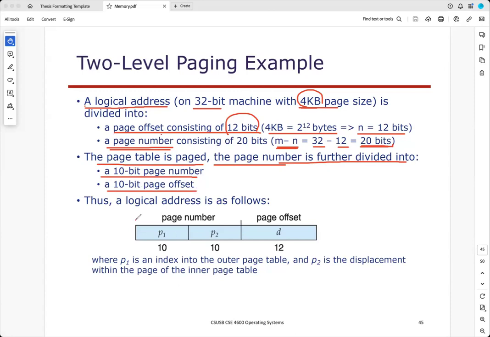In this example, the low-order 12 bits are the page offset and these 20 bits are the page number. But we continue to split this page number into two parts. P1, 10 bits, is the index for the outer page table, and P2, 10 bits, is used as the index for the inner page table.